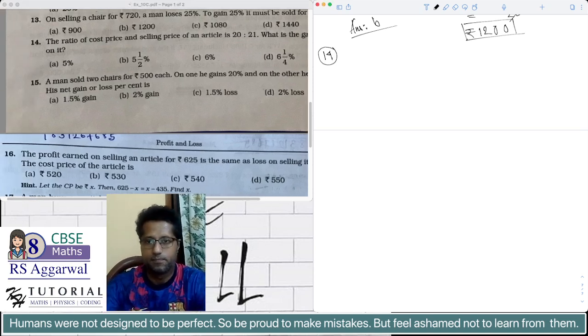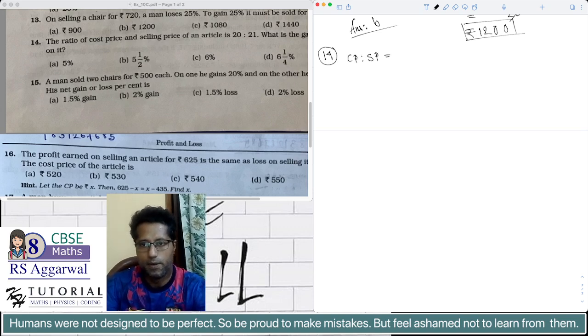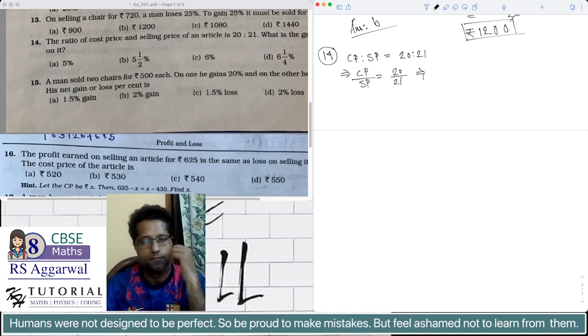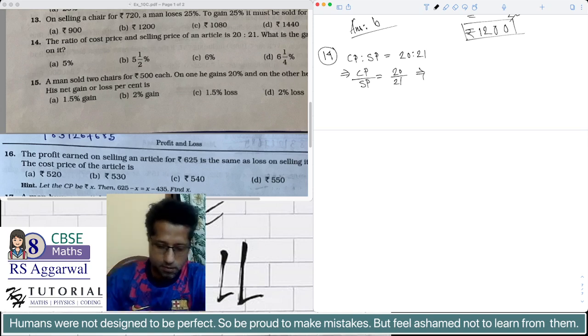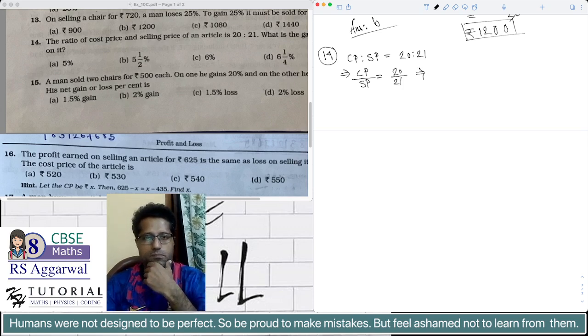Okay, so it is given that the ratio of cost price and the selling price is 20:21. So this implies that CP by SP is equal to 20 by 21. We have to find SP in terms of CP, and then we will find the gain.